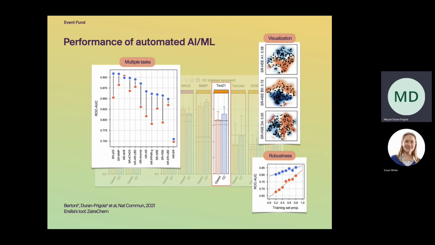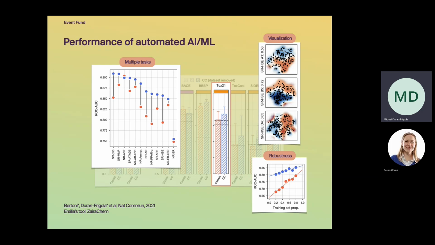And as you can see here in blue, there is the performance in the cross-validation of the chemical checker-based models. And here is the performance of the classical models based on just chemical structures. And as you can see, almost always, we have better results achieved by the chemical checker signatures, which is very promising.